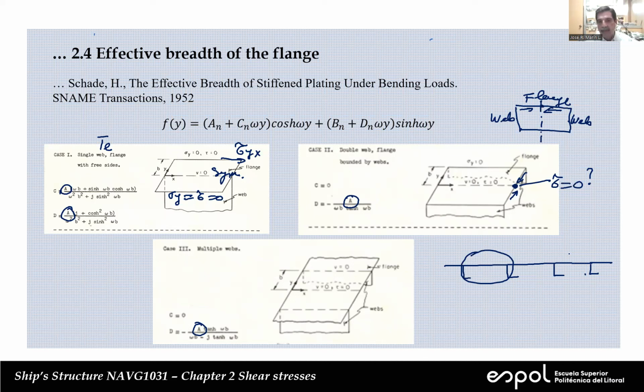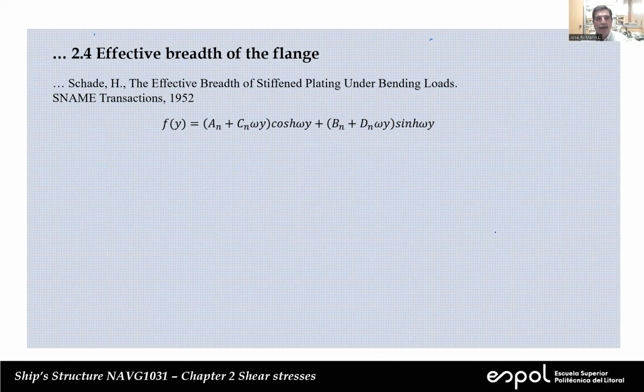So following Laplace's equation, you will never be able to calculate completely the distribution of shear stress, but applying the concept of effective breadth, you are able to calculate the maximum stress, which is something that we want.